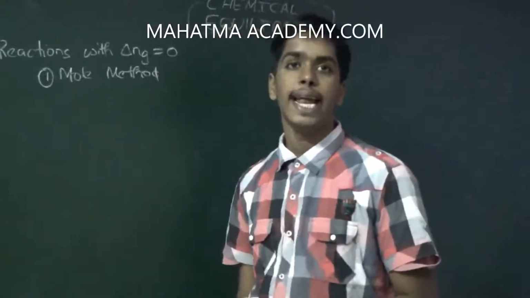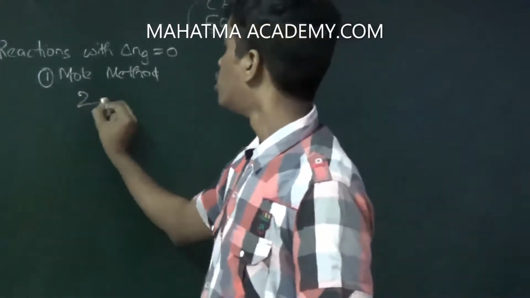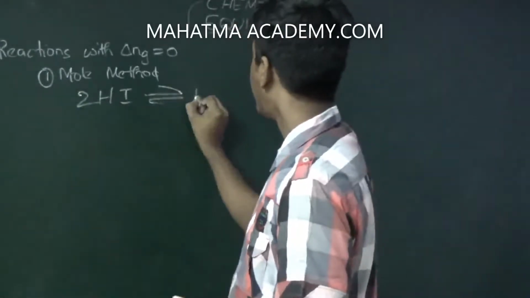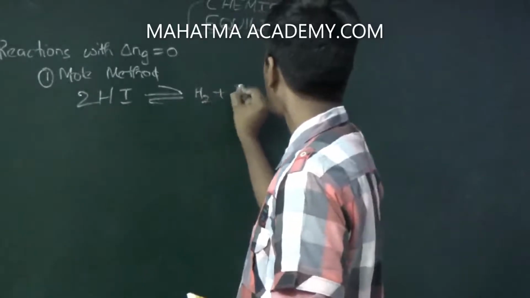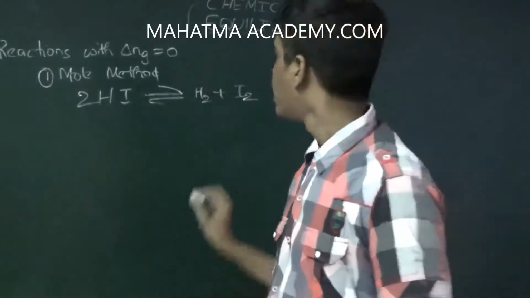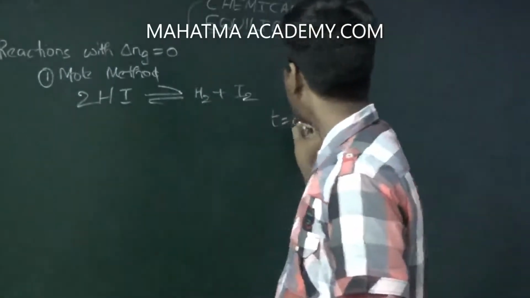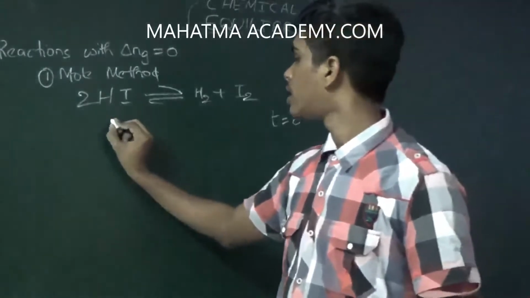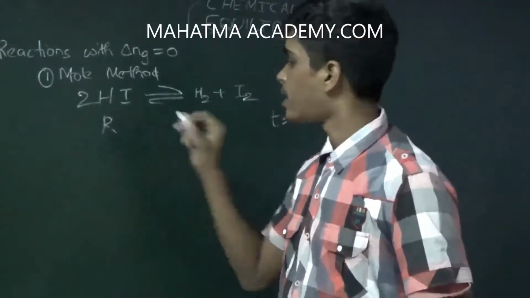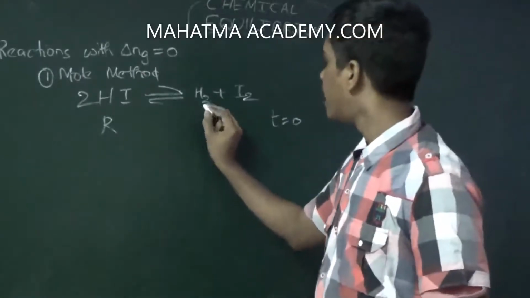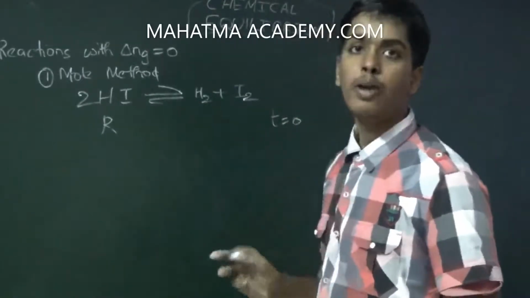Take an example: 2HI gives H2 plus I2. At time t equal to 0, the HI concentration is R, that means the reactant, and H2 and I2 are initially 0 because they are not yet formed.